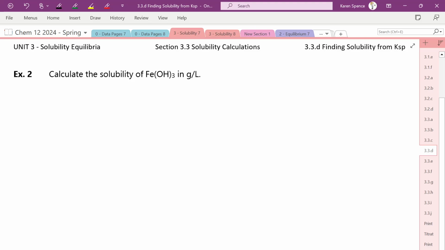We're going to solve for the molar solubility. The x will be the molar solubility of whatever. Once you have the molar solubility, if you want grams per liter, you convert.